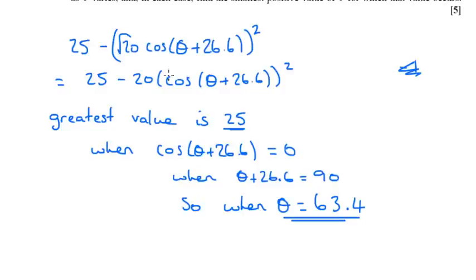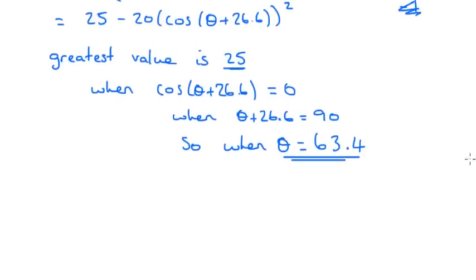The smallest value is going to be when the biggest amount gets taken away. So the biggest amount that gets taken away is going to be when this whole bit here is equal to 1.